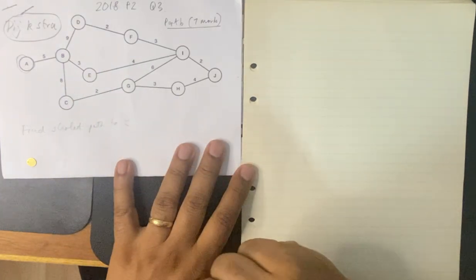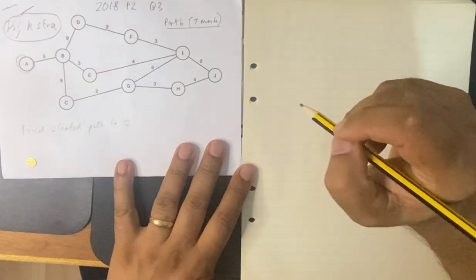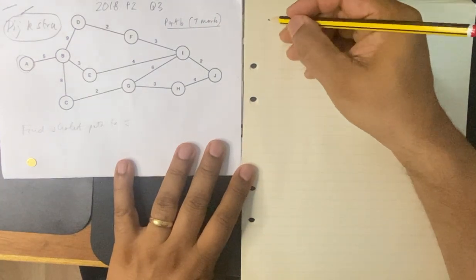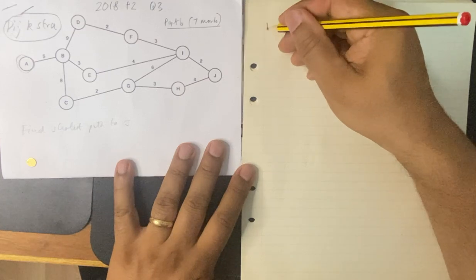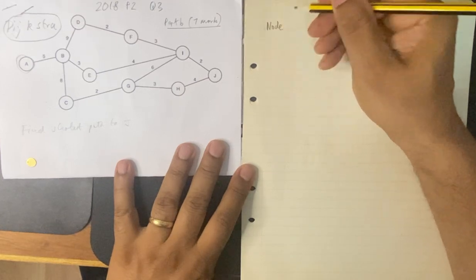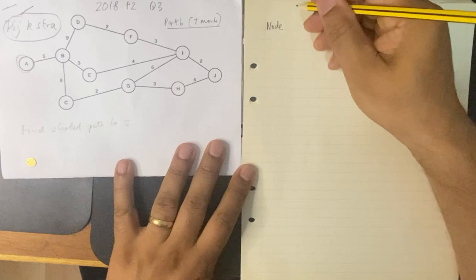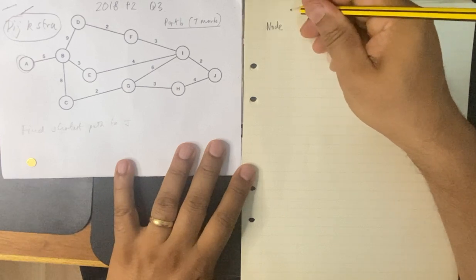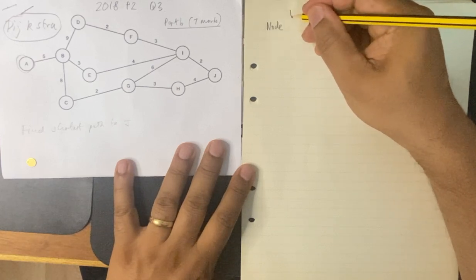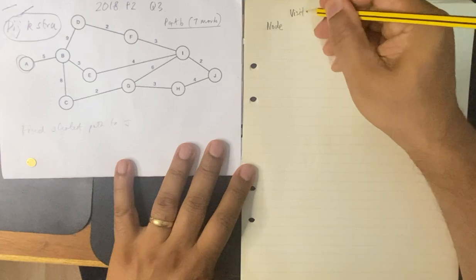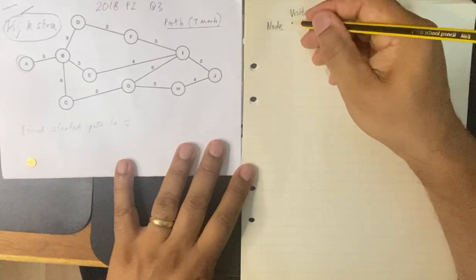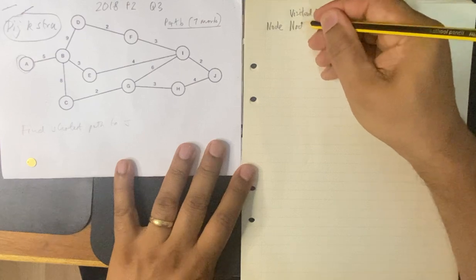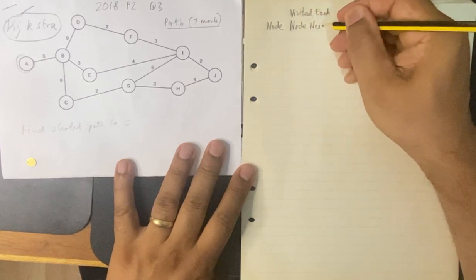Okay, so the first thing we do is to lay out our table. So we want columns for the node and also a check on if we visited each node neighbor.